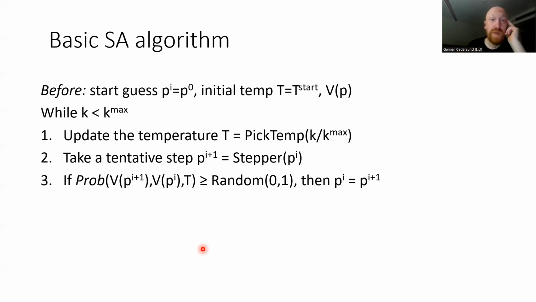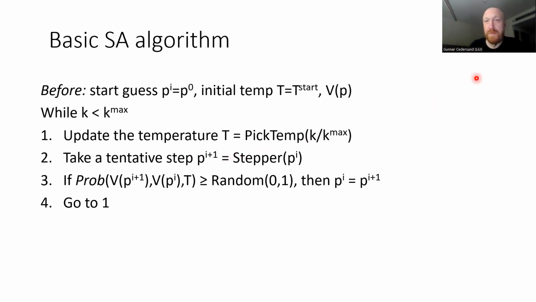Then you make a decision based on drawing a random number between 0 and 1 and a calculation depending on the cost that you got for this new tentative step. According to some formula, you calculate a probability from the cost function at this new tentative step compared to the cost function at the previous step. If this probability is bigger than the random number that you draw, then you pick the new point, and then you repeat. That's the heart of simulated annealing.